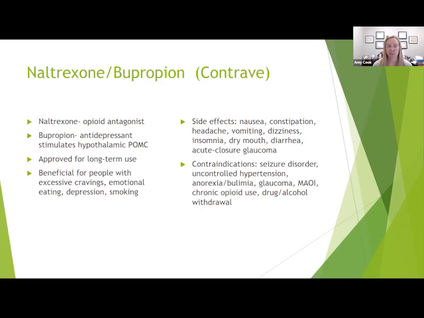This medication is approved for long-term use in adults, and it can be beneficial for people who have excess cravings, who struggle with emotional eating, or, because of the bupropion, for use in people with depression or smoking. Side effects can include nausea, vomiting, constipation, headache, dizziness, sleep disturbance, dry mouth, and even glaucoma.